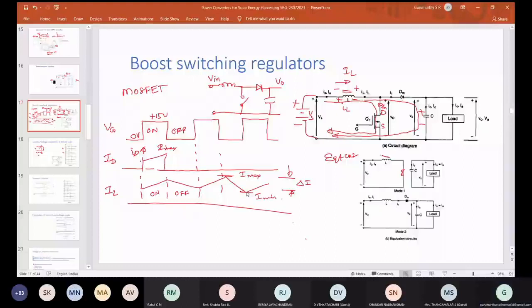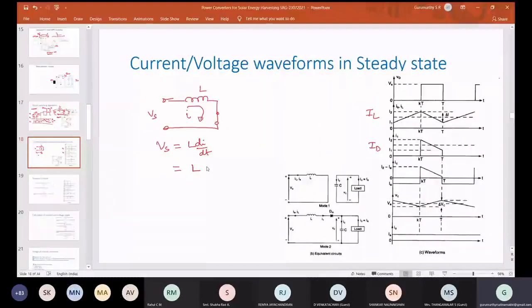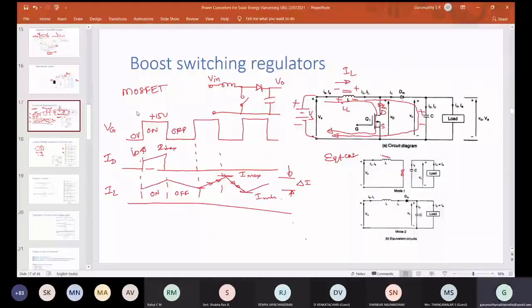Now if you see L into di by dt, let us say the device is on for a duration T1 and off for a duration T2, and this total time I will call capital T. So capital T is the period, which is equal to T1 plus T2.